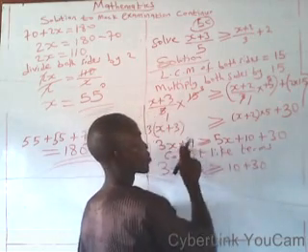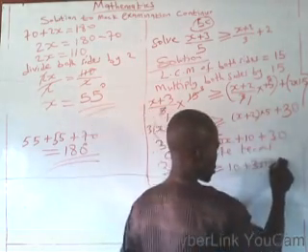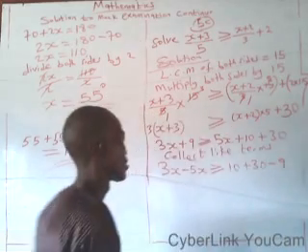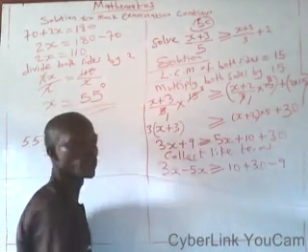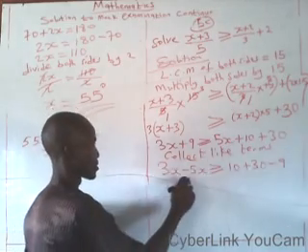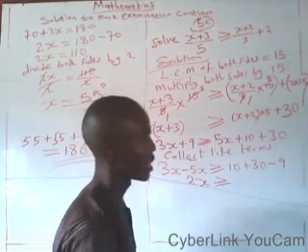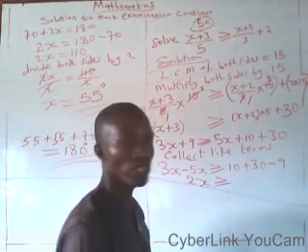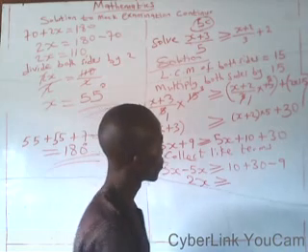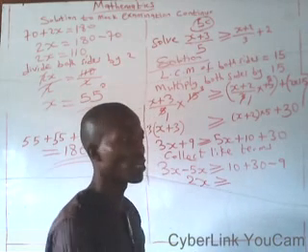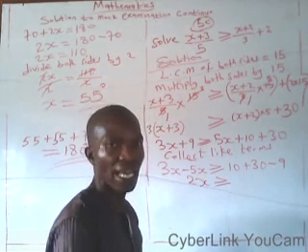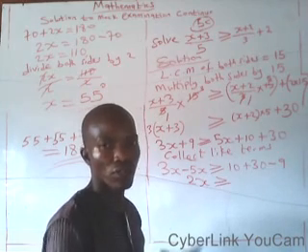This one is now going to this side, minus 9. 3 minus 5 will give us what? In mathematics, they say there is something called BODMAS. In BODMAS, which one comes first between addition and subtraction? Addition comes before subtraction.